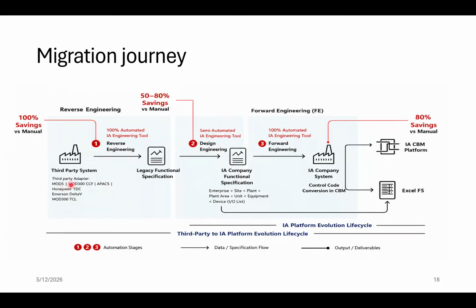For example, Mod 5, Mod 3 CCF, Honeywell TDC, Emerson DeltaV, Mod 300 TCL. These are all different proprietary languages for legacy platforms. But this control language is hard to maintain, hard to visualize, and error prone during updates.